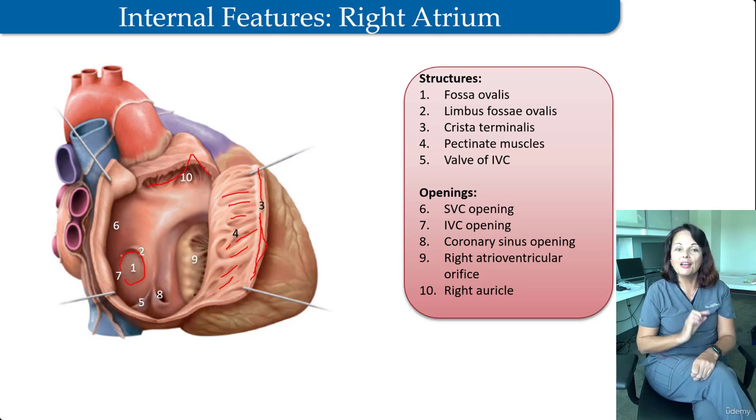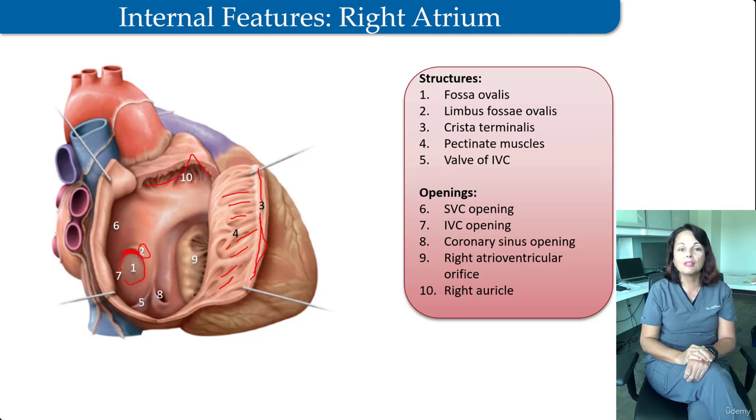The fossa is ringed with the limbus fossa ovalis. In the embryo, this area features a wide opening, the foramen ovale, that communicates the atria. Shortly after delivery, the foramen closes.